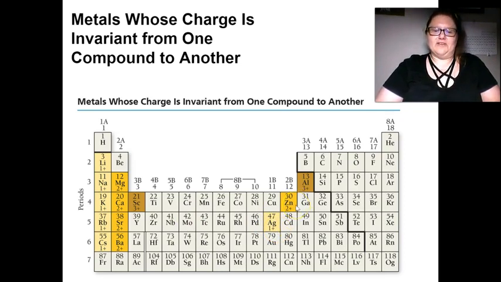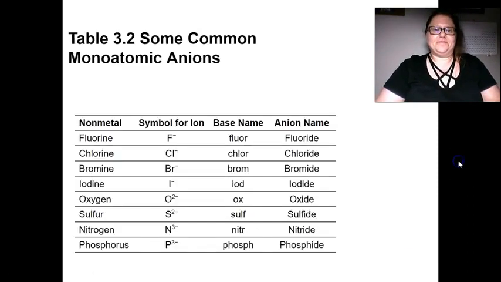Zinc is only available as a +2. And scandium only forms a +3. The other transition metals have at least 2, sometimes more possible charges. Again, you don't have to memorize those. You do need to memorize group 1A always forms a +1, and so on with the group numbers.